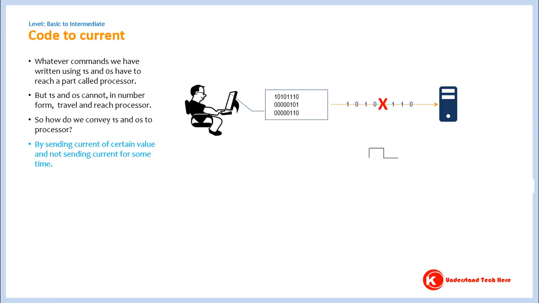Well, you send a current of a certain value, like this one, to indicate 1, and not send current for some time, like this one, to indicate 0. So with this system, if 1 0 1 0 1 1 1 0 has to travel to the computer, this type of current would flow.